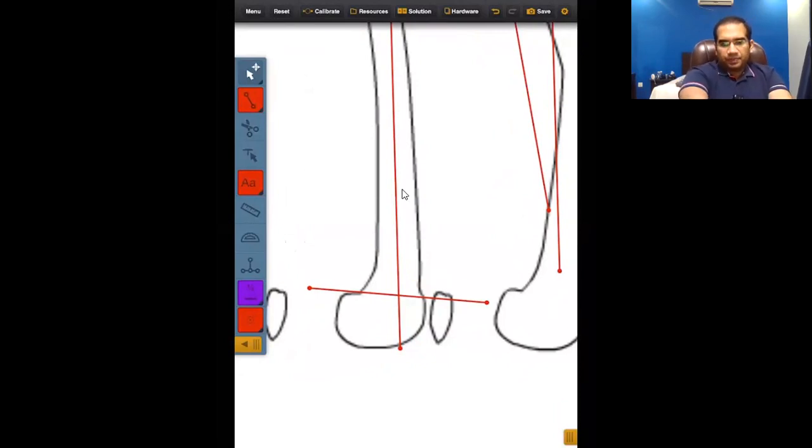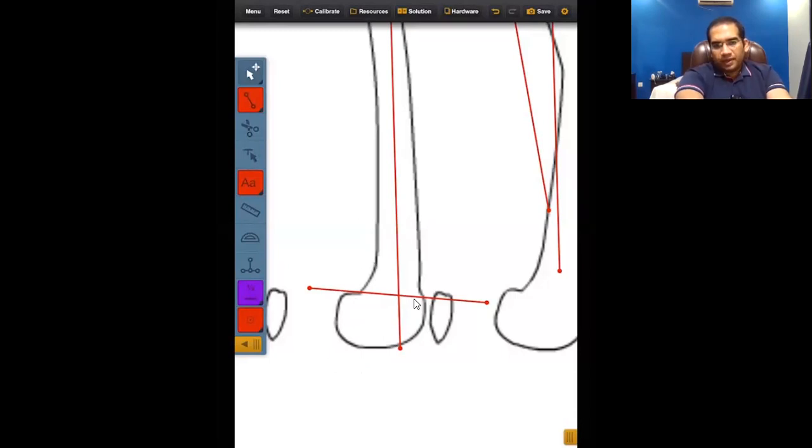The anterior 2/3 of the condyle is where the femoral shaft is, and the posterior 1/3 is the overhang of the condyle. If we just ignore the posterior 1/3 of the condyle, the anterior 2/3 of the condyle are in line with the femoral shaft.